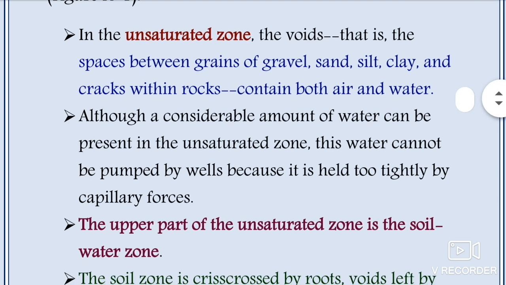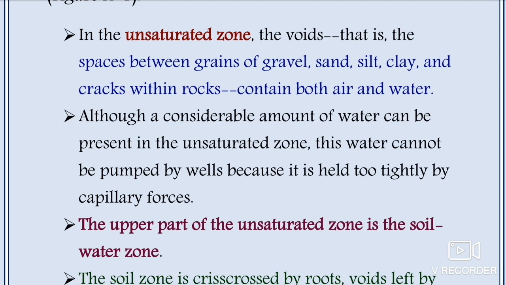Now we will go for further discussion. A considerable amount of water can be present in the unsaturated zone, because in the zone of aeration the pore spaces are partly filled with air and partly with water, depending upon the ratio of water and air.